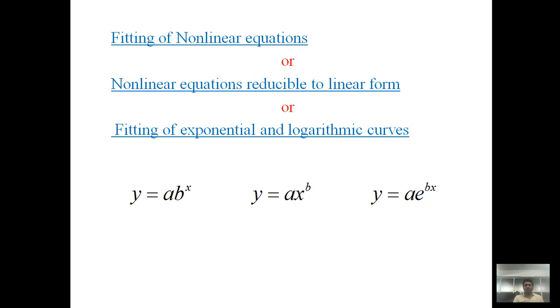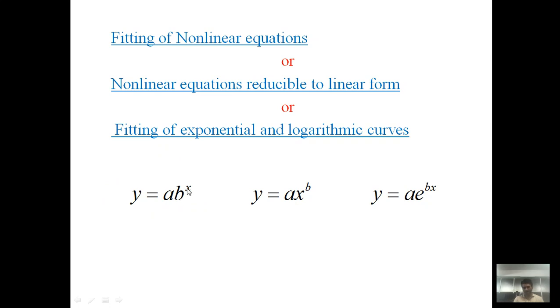So which type of form is known as nonlinear equations, but reducible to linear form? Exponential, logarithm form. A variety of forms is available, and here we mention a few of them. The first form is y is equal to a into b raised to x.